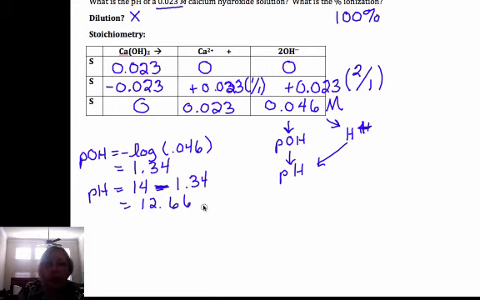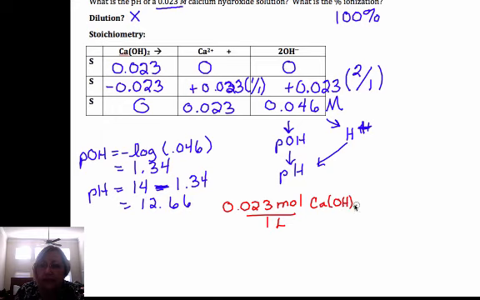Now, before I leave this, I do want to show you that there would certainly be a simpler way to do this, but DSE, Doc Saves Everyone, really gets your mind working when you're not sure how to start a problem. Okay, so I've got calcium hydroxide.